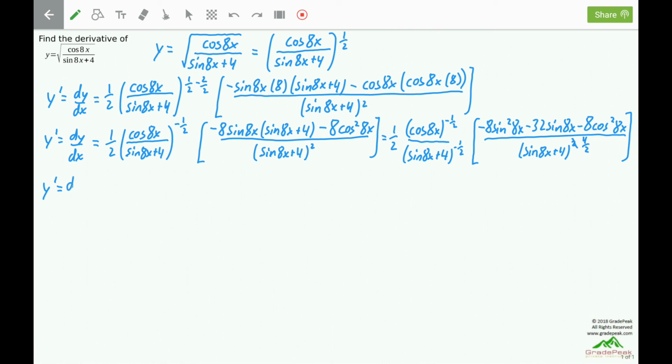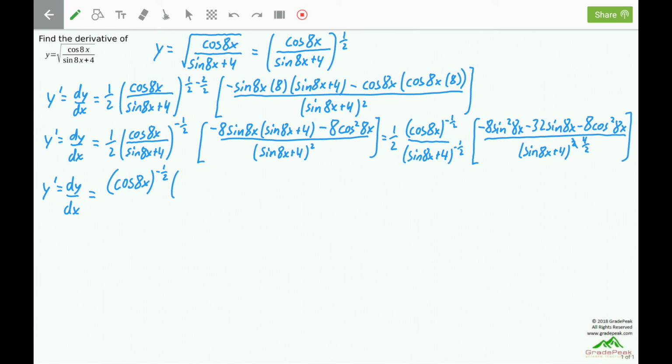In the numerator, I have a 1 times a cosine of 8x to the negative 1/2. Well, 1 times anything is the same thing, so I'll just write cosine of 8x to the negative 1/2. And then I have that entire expression that's all of this stuff, which I will rewrite.